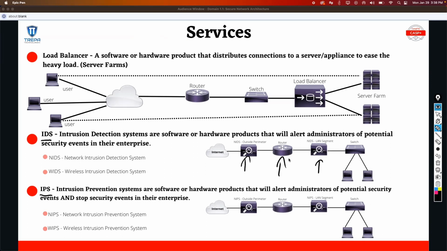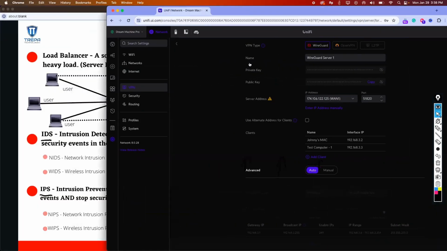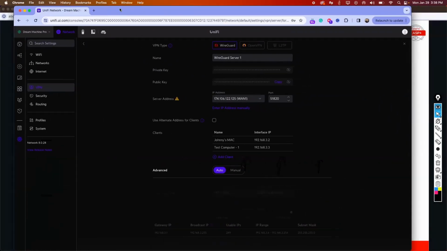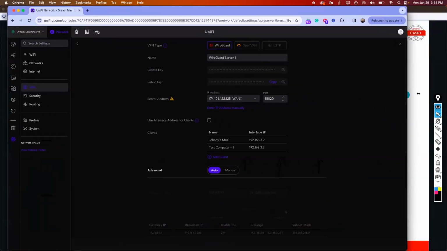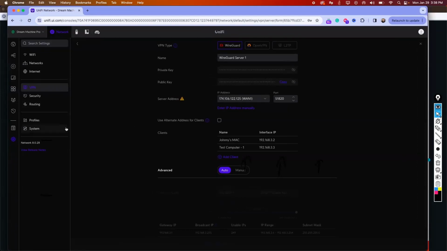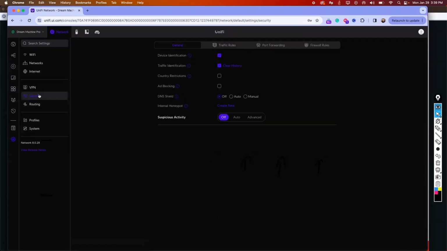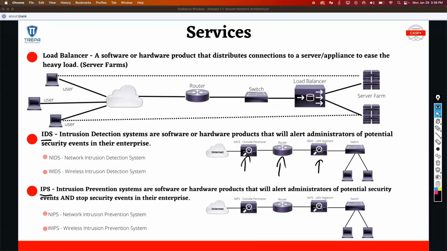So an example of this, let me bring this up over here on the side. I use Ubiquiti, so my Ubiquiti router that I use at my house or at my office has network intrusion detection built into it, so I can build network intrusion prevention and detection into this, and it's not an additional hardware appliance. It's just a part of the features that come with this internet-facing router, okay?